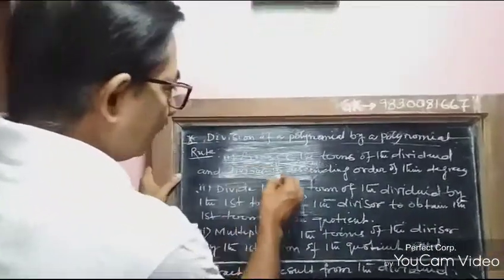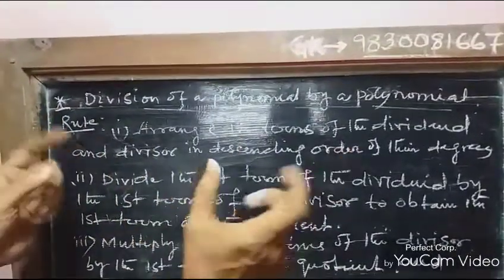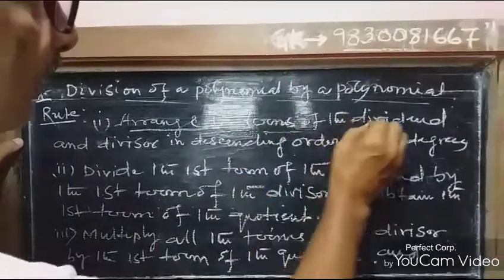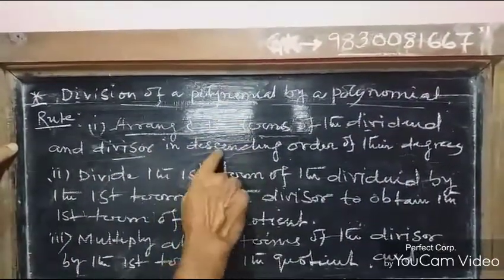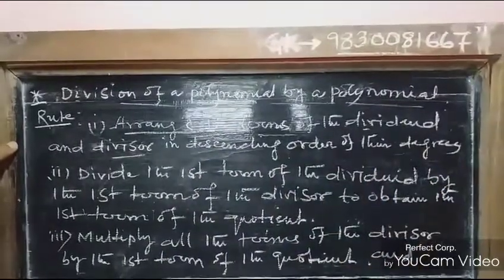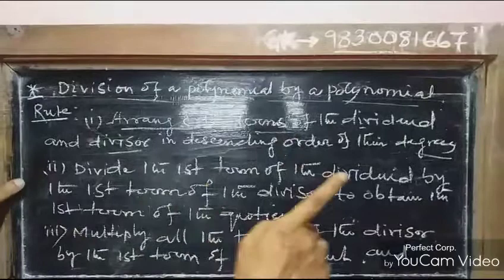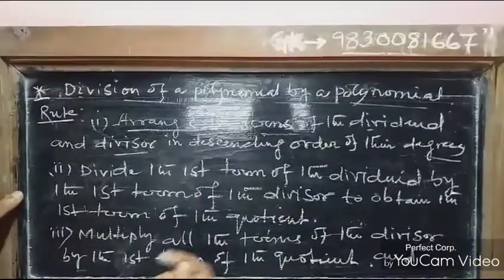See here, number 1: arrange the terms of the dividend and the divisor in decreasing order of their degrees. Now divide the first term of the dividend by the first term of the divisor to obtain the first term of the quotient.